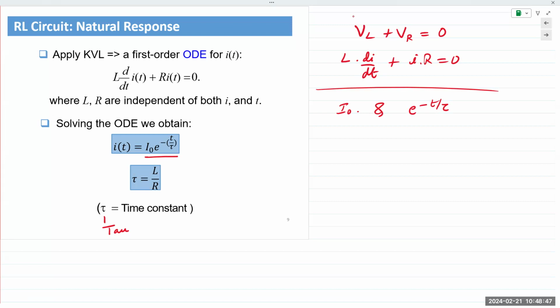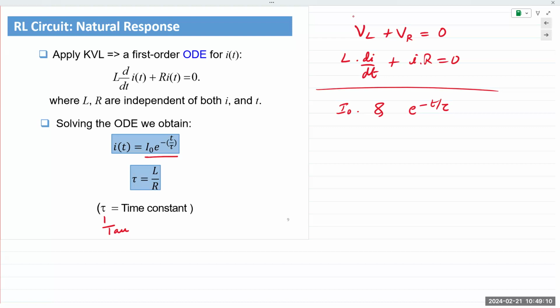In this case it is discharging, but tau is also the same for a charging circuit, meaning when it receives the energy and when it discharges the energy, the time constant is exactly the same. It is known as a constant because it depends on the physical values of the inductor and the resistor.